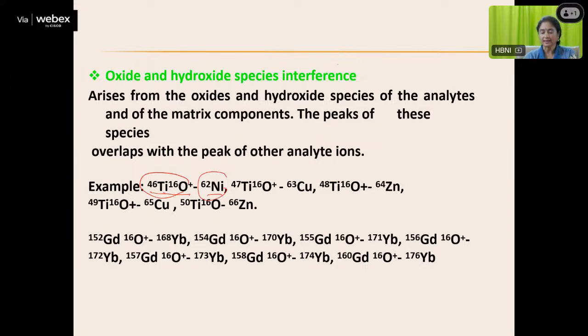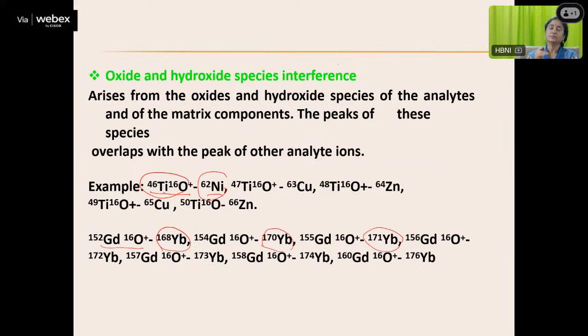In the case of a rare earth element, I once faced this issue. We were working on a rare earth matrix in which we were identifying ytterbium. We could not do it because gadolinium was present at a higher level. You can see all the gadolinium oxides overlap with the ytterbium spectra.